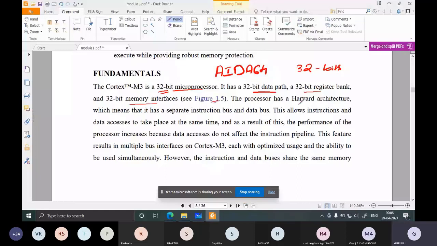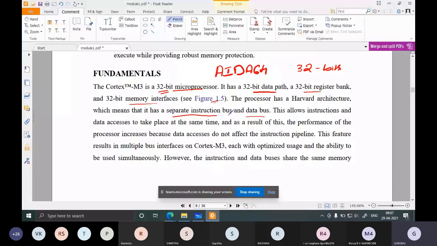This processor has a Harvard architecture, which means there is a separate instruction bus and a separate data bus. In the introduction class, I told you there is an address bus and a data bus. The address bus is used to access devices or memory locations by sending the memory address. Say there are 10 devices connected to the processor; there will be 10 different names, which are nothing but 10 different addresses.